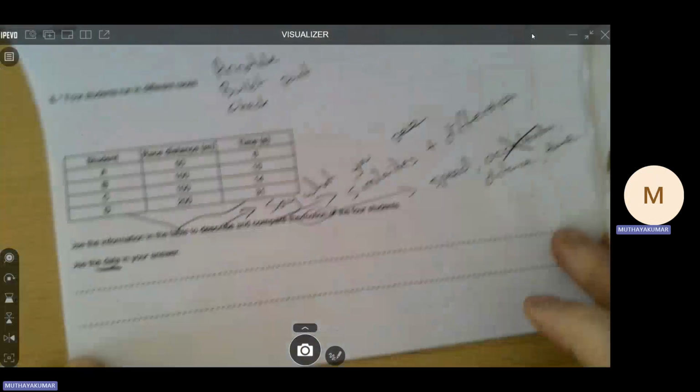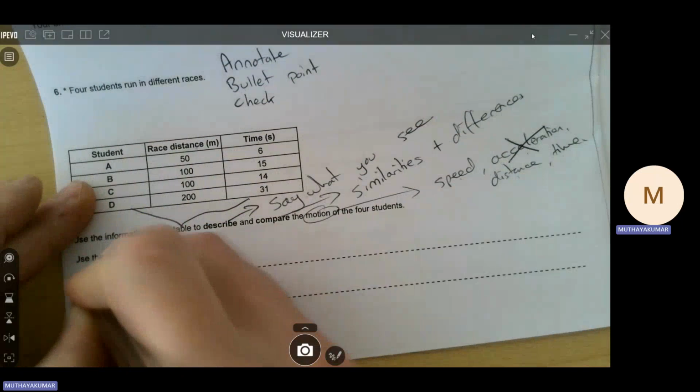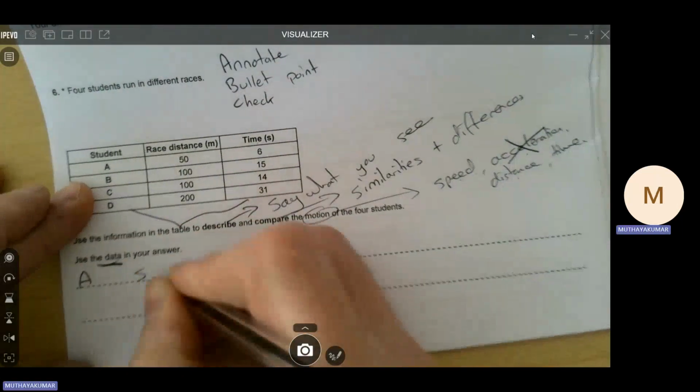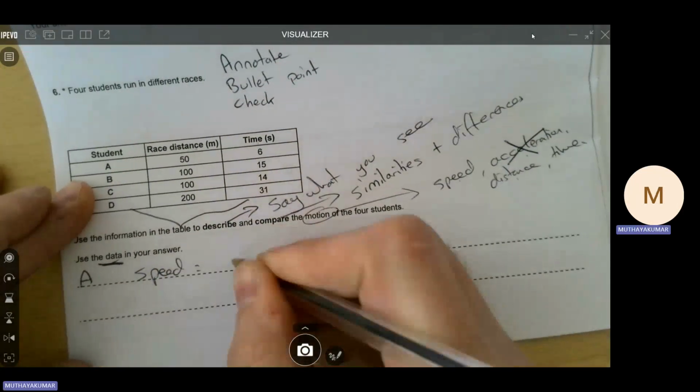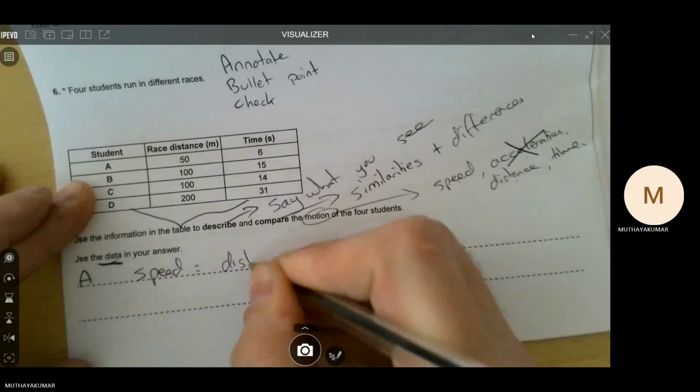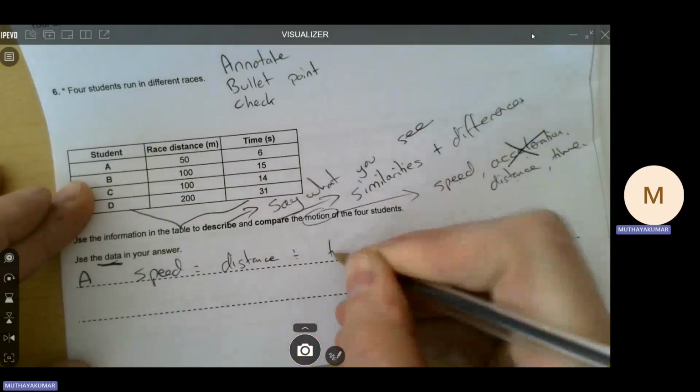Same with time. So student A, the speed is the distance divided by the time.